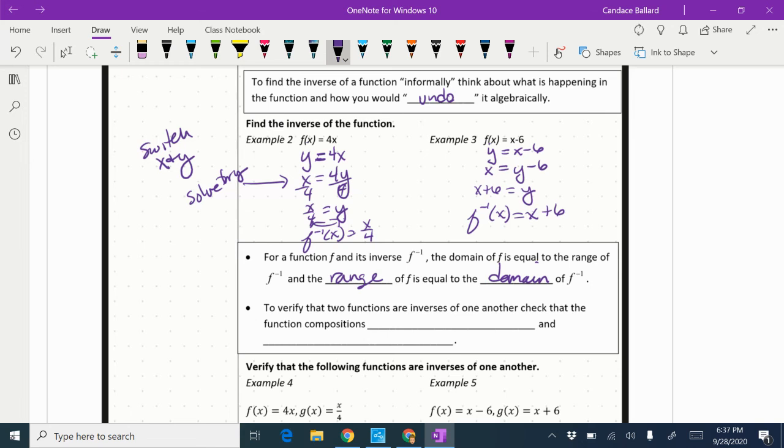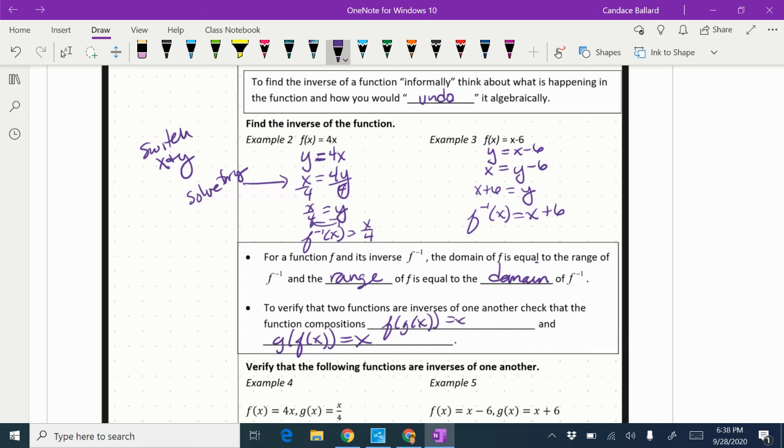To verify that two functions are inverses of one another, check that the function compositions, which is what we learned yesterday, f of g of x equals x, and g of f of x also equals x.